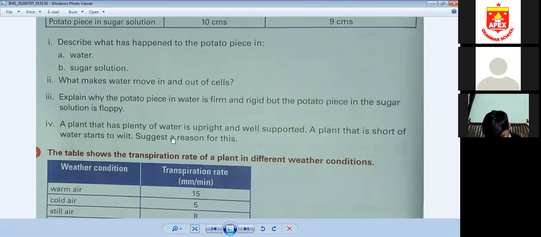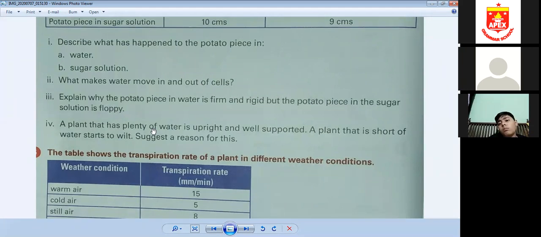First of all, we have studied two movements of water molecules inside a plant in the chapter. First, we have discussed osmosis. When the water molecules enter the body of a plant, osmosis happens from a higher region to a lower region. And we also discussed another movement which is called transpiration.